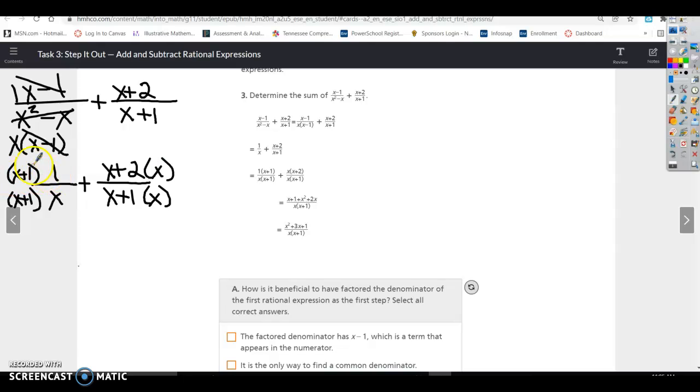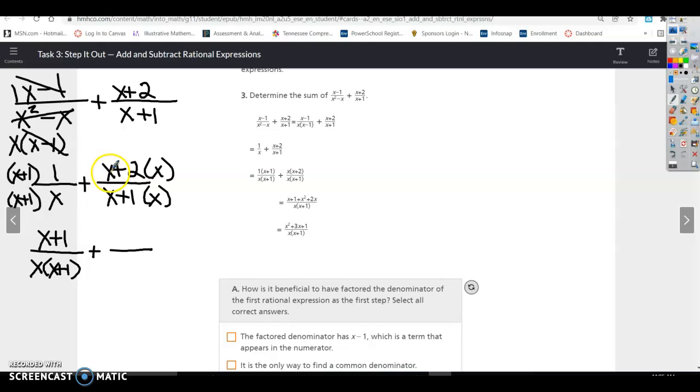All right, so now I'm left with x plus 1 over x times x plus 1. And remember, the order I write these doesn't matter because multiplication is commutative. I just like to have my monomials in the front anytime I'm working with them.